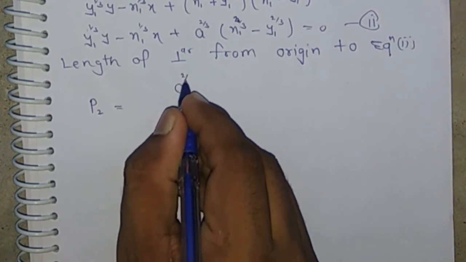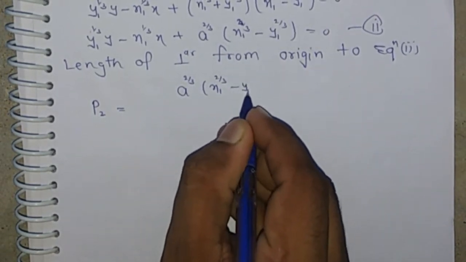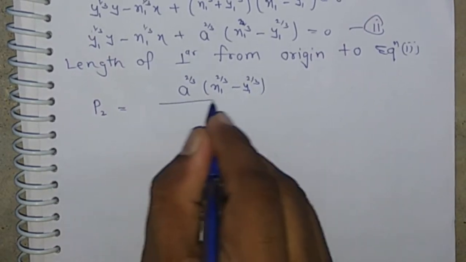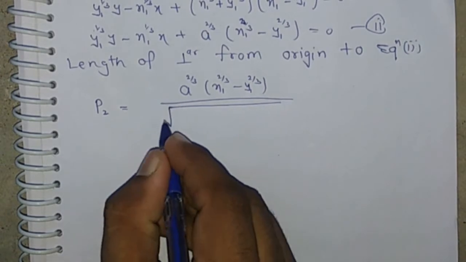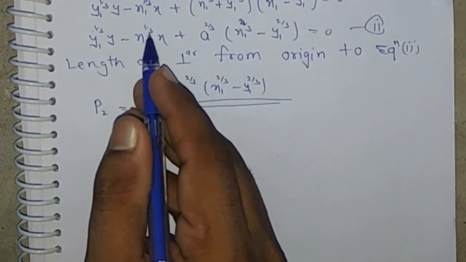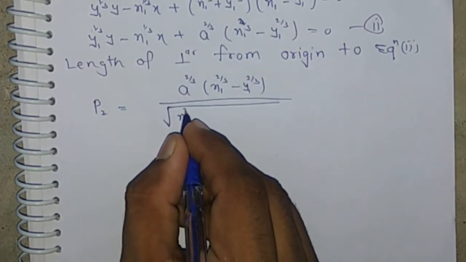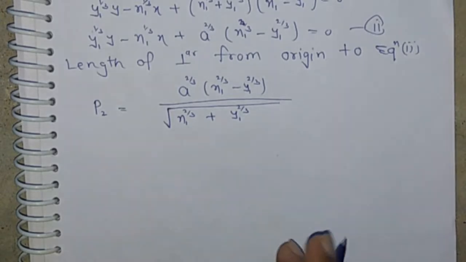Here A square means x1 to the power 1/3 whole square, which is x1 to the power 2/3 plus y1 to the power 2/3.